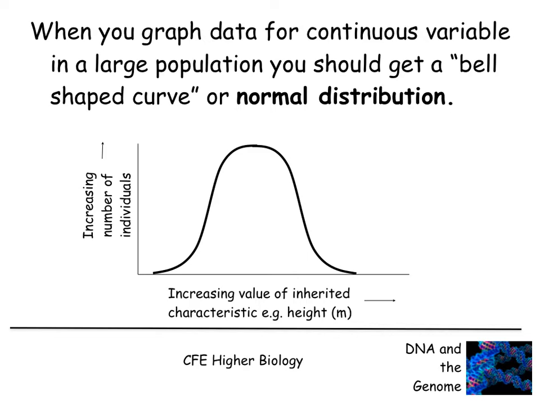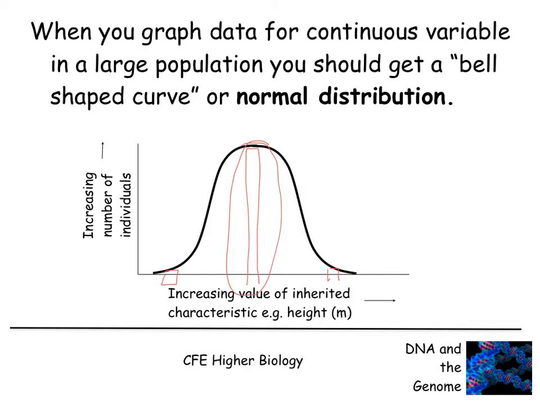So what we're looking at here is, say, a characteristic such as height. What we're doing is looking at the number of individuals that have got height down here, the number of individuals who have got height here, and the number of individuals that have got height here. Now what you would tend to find is that the majority of individuals will fall in this area here, a roughly average height.